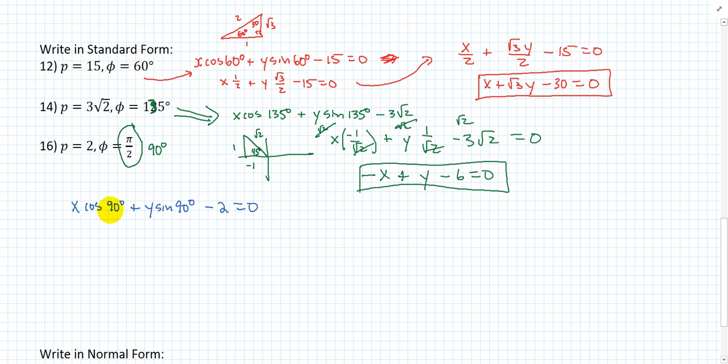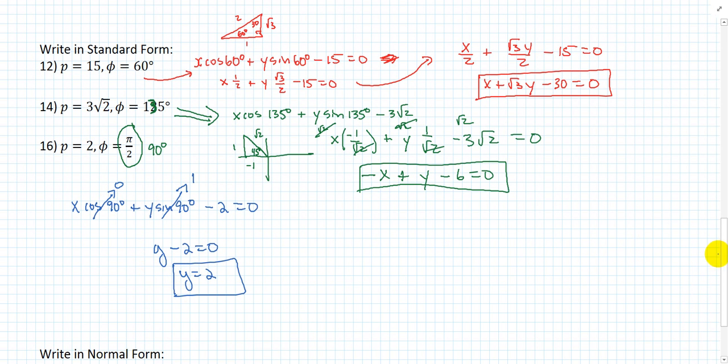So what happens here is cosine of 90, remember, is 0, and sine of 90 is 1. So this is y minus 2 equals 0, or you could say y equals 2. That's the equation of that line there. Okay, hopefully this makes sense.